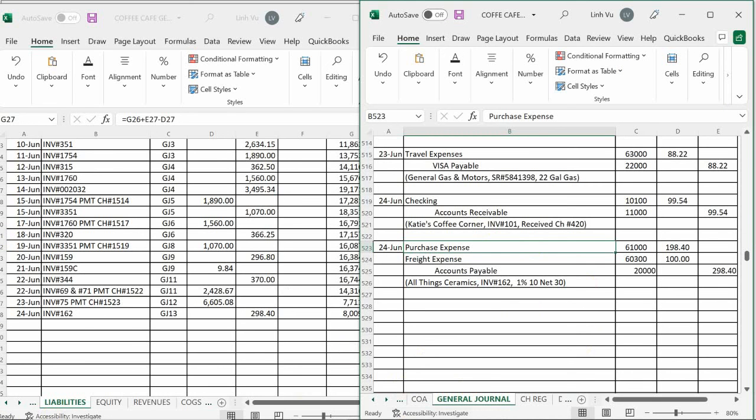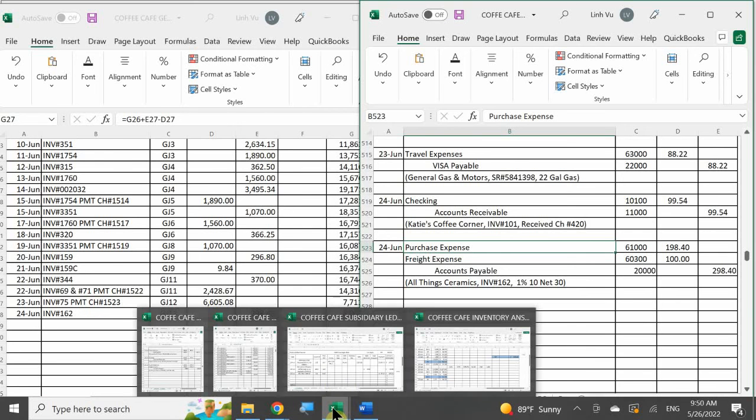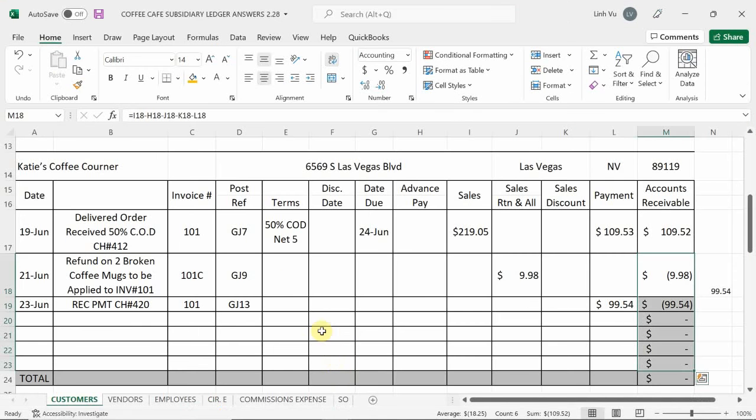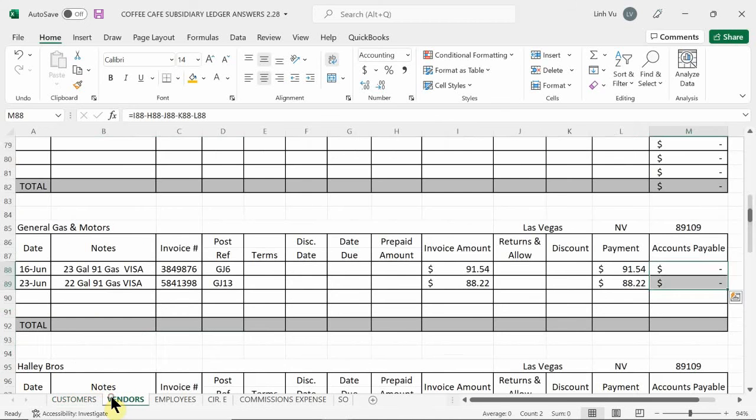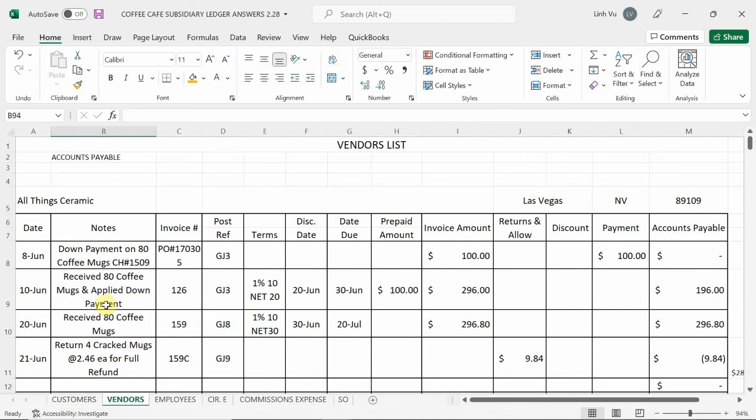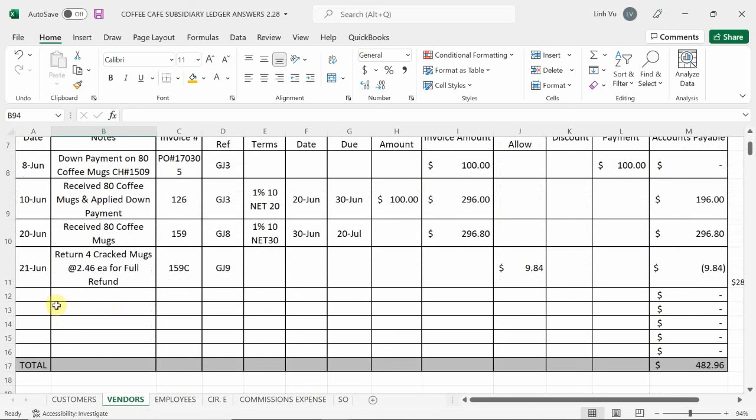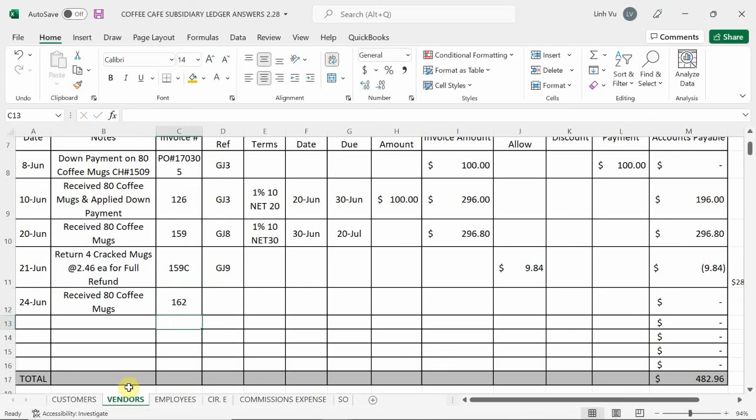And then we need to update our subsidiary ledger because we now owe more money to All Things Ceramics. Here they are. Received 80 coffee mugs. Invoice number 162. It is journal 13 right now.